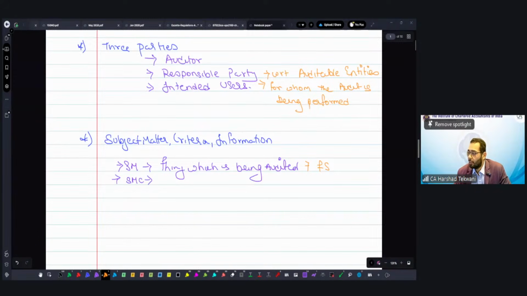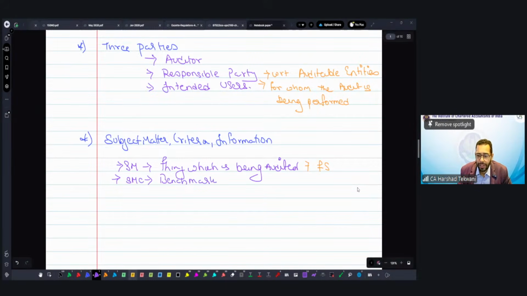What is the benchmark that I will use to measure my financial statement? When I say measure, it is whether my financial statements are appropriate or not. In order to say my financial statements are appropriate or not, what is the subject matter criteria? So, a benchmark kind of thing.